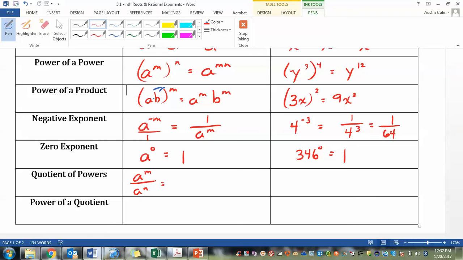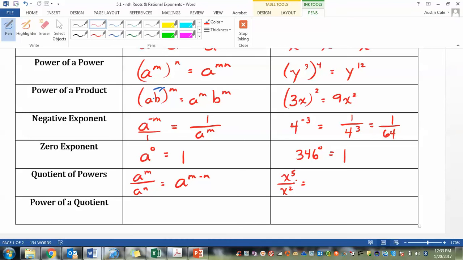We're going to subtract, you bet. So this is going to be a to the m minus n. So if I had x to the 5th power divided by x squared, when I subtract them, 5 minus 2 is 3.